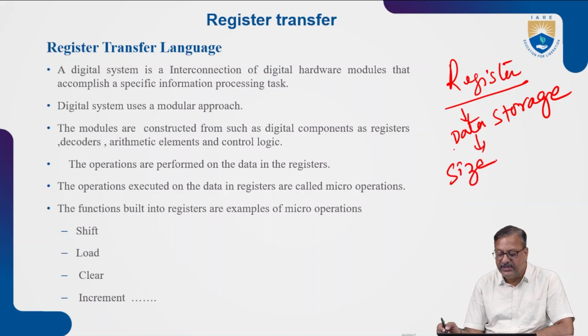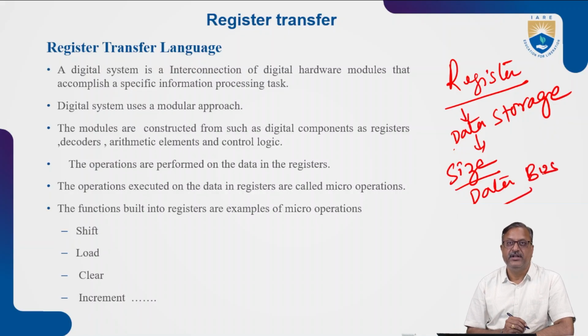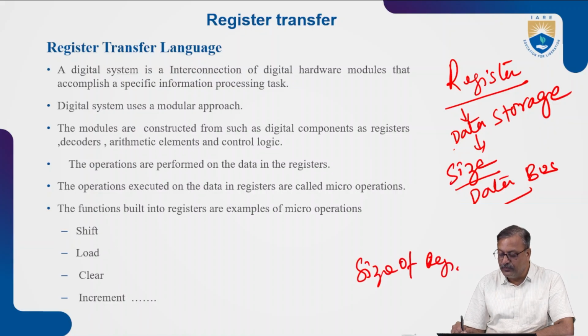The size of the register depends upon the size of the data bus of that particular digital system. If the size of the data bus of a digital system is 4-bit, then the size of the register is also equal to 4-bit.